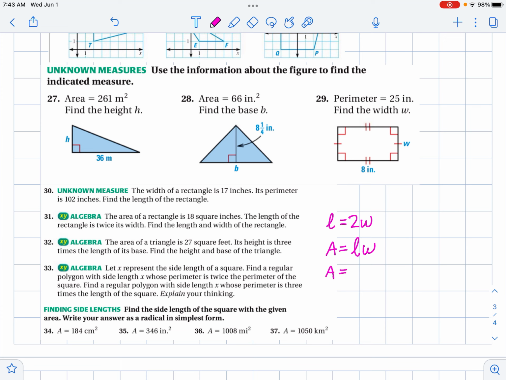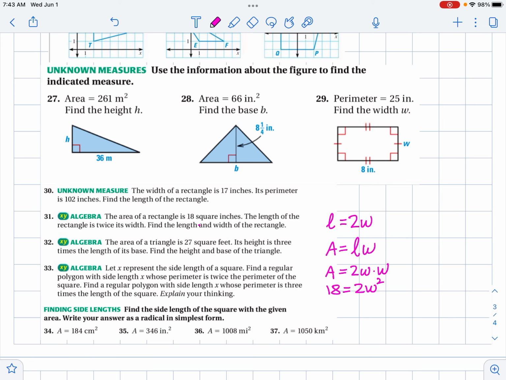And the length is twice the width. So really we've got 2 widths times width. And it says the area is 18. Okay, so we've got 18 equals 2w squared.